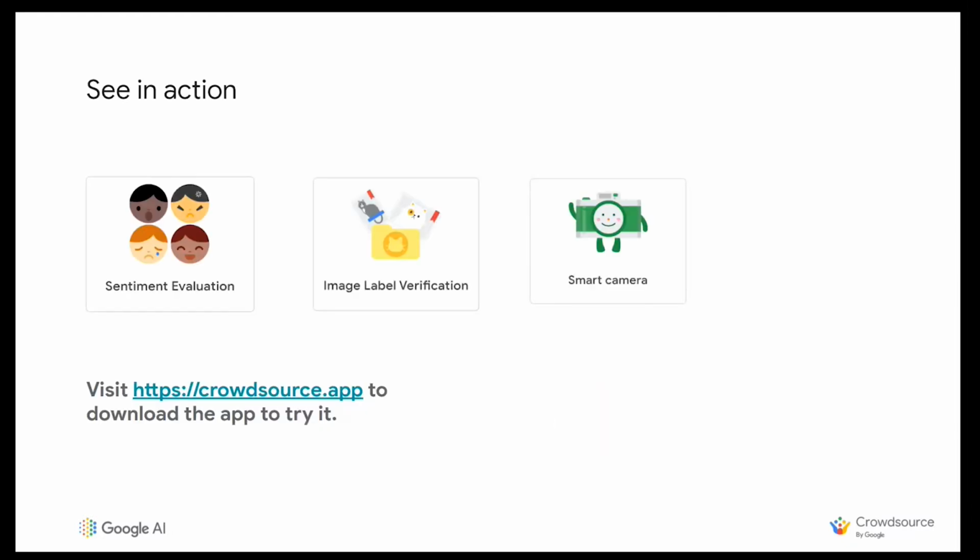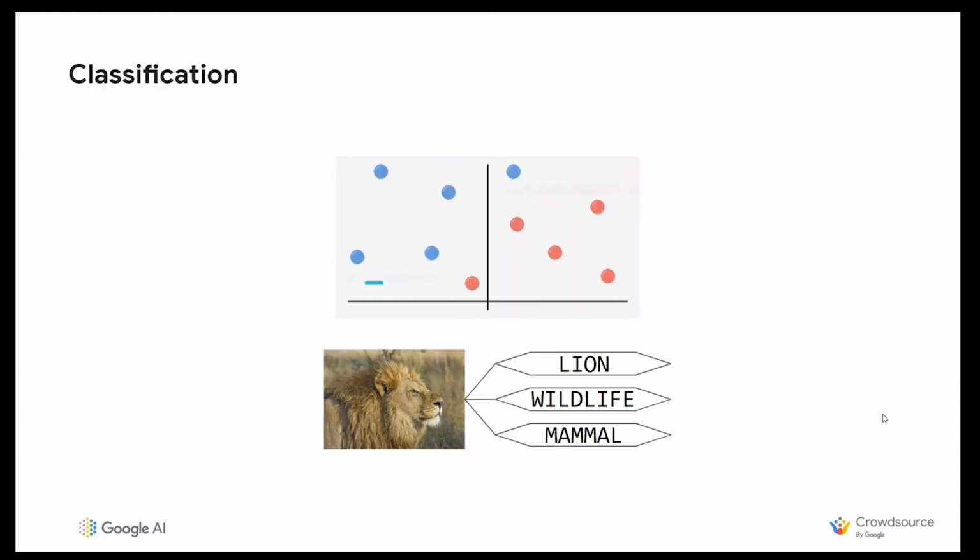Now to see a real-time implementation of this model, you can go to the Crowdsource application that you recently installed, and open sentiment evaluation, image label verification, or smart camera. In any of these three, you can see this classification algorithm being applied.